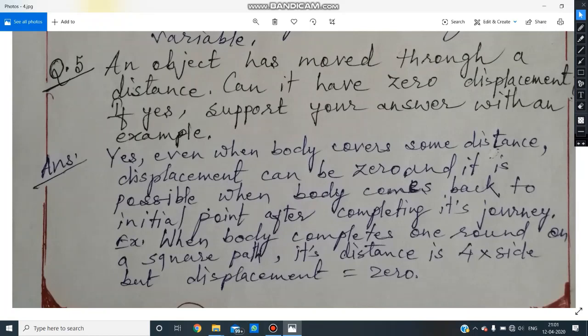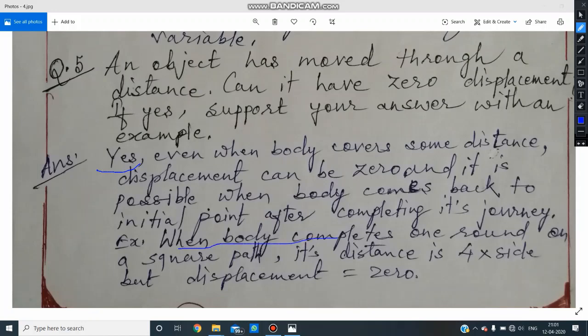So the answer firstly will be starting with, see here the answering, you have to write yes, as just now we have discussed that this will be possible. So first you have to write yes. Then you have to give some example to support your answer. The example is another simple situation.